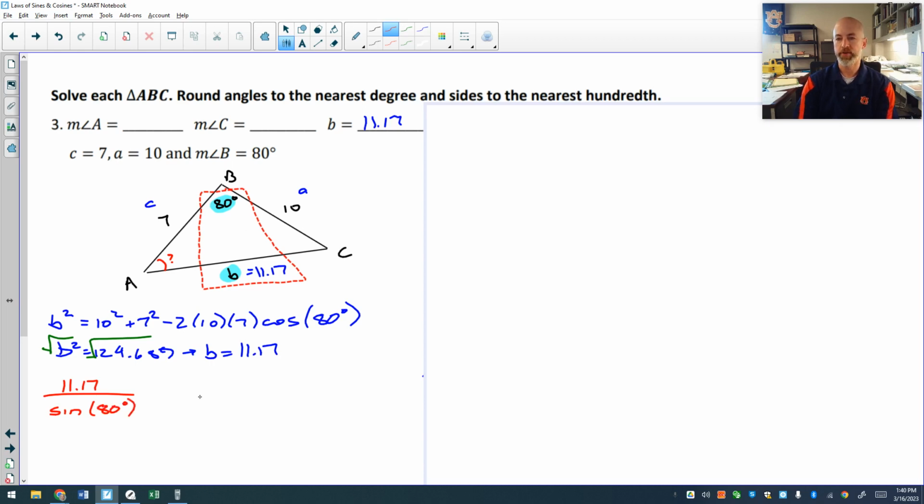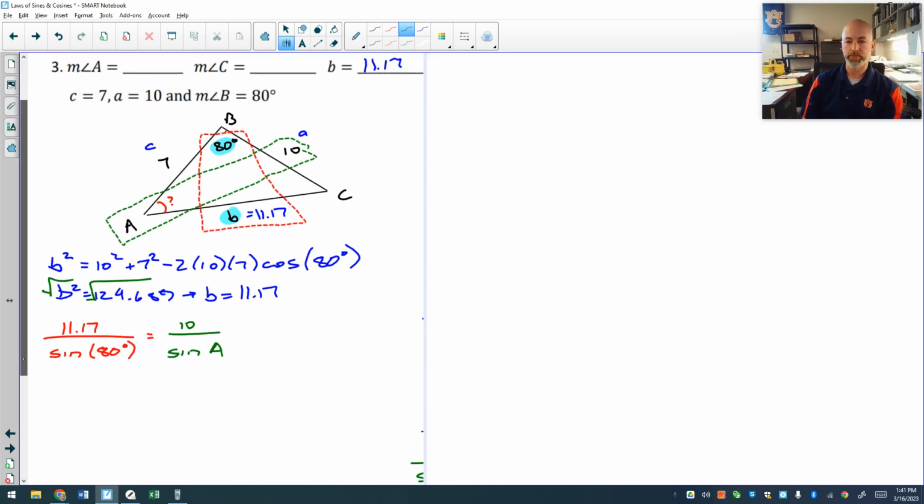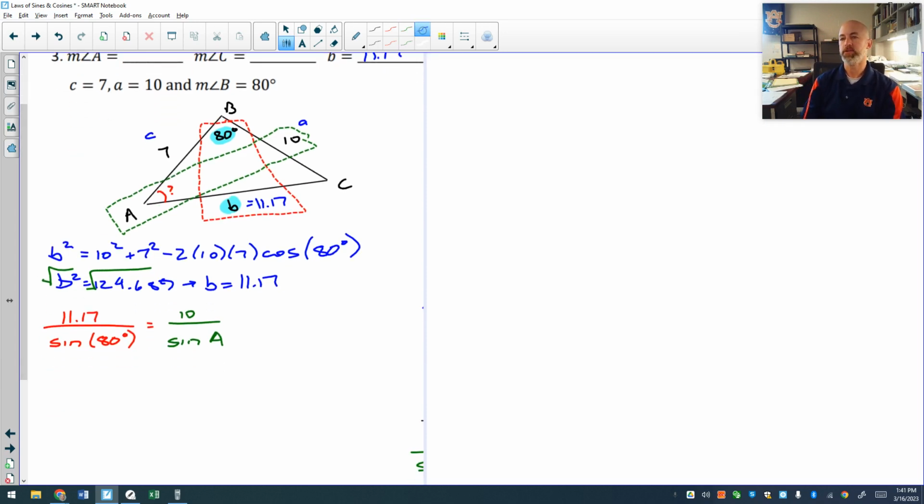So 11.7 over 80 is going to equal, and then if I want to solve for angle A, I'll do the side length 10 over the sine of angle A, and now I can solve that. It's a lot more convenient than using the law of cosines.